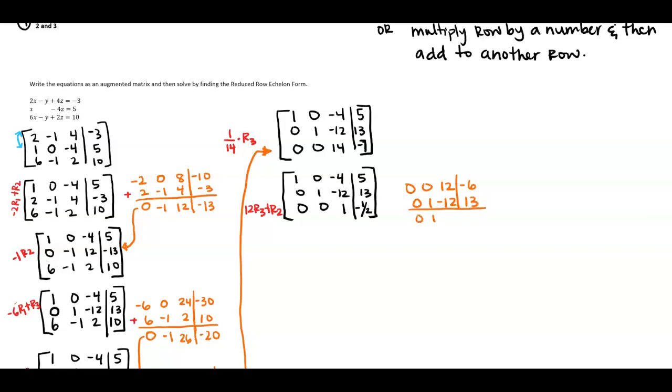So that will give me my new row 2, 0, 1, 0, 7. Okay, so let's write that down here. We're so close to being done now. So 0, 1, 0, and then 7 here. This came down here. But my row 1 and row 3 didn't change.